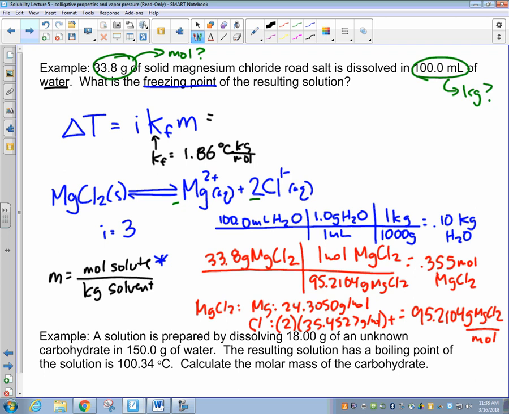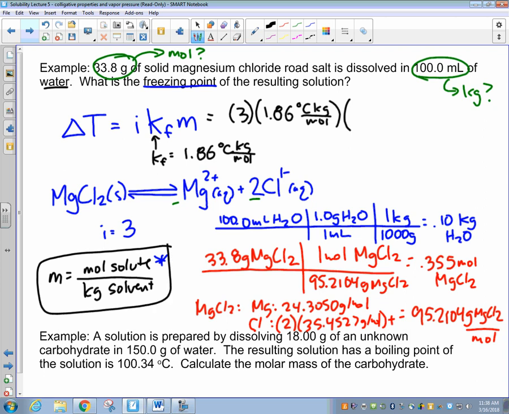Our change in temperature from our standard boiling point was the Van Hoff factor, which we determined to be 3, times the freezing point constant for water, which is 1.86 degrees Celsius kilogram per mole, times the molality of the solution, which again was defined as moles per kilogram, which again was 0.355 moles of magnesium chloride dissolved in 0.10 kilograms of our water.